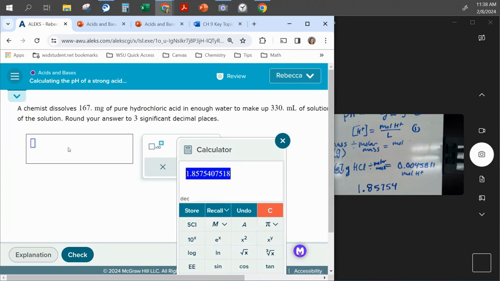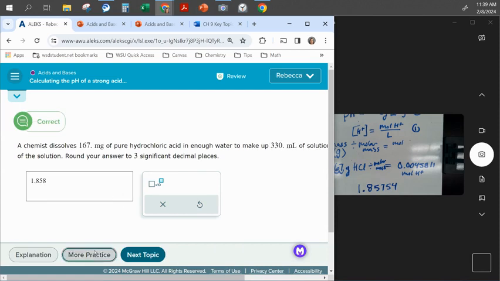So my number should be 1.858. I have 3 decimal places because I had 3 significant values above. Okay, that's a new rule. When you do the log, you keep the number of significant decimal places. So log is a special case, a new case for us.